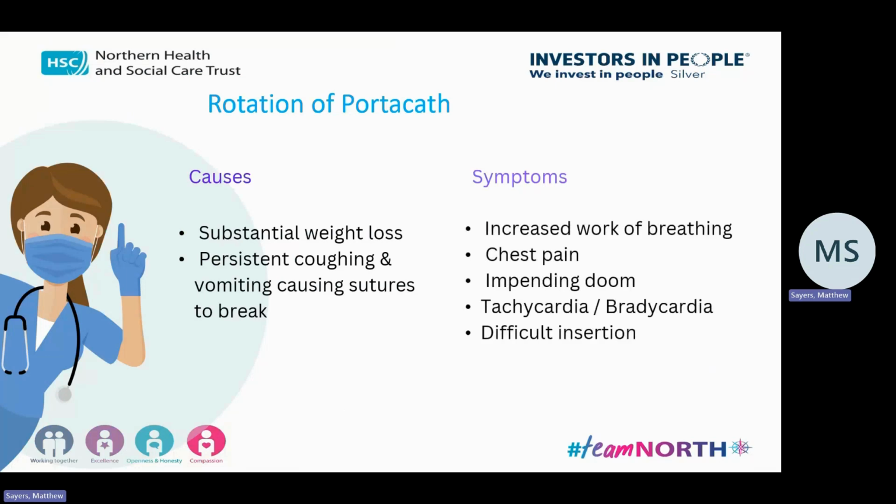It just seems to have spontaneously happened. So symptoms might be, but weren't in any that we've seen, increased work of breathing, chest pain, that sense of impending doom, tachycardia or bradycardia, and a difficult insertion. So I think you'd be flagging up. You wouldn't be accessing anything if you had a child showing those symptoms anyway.